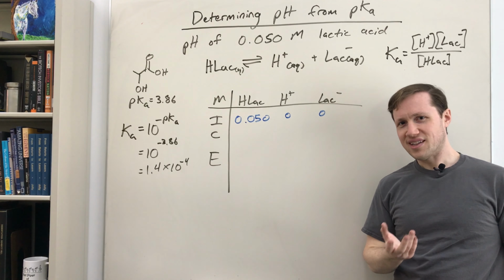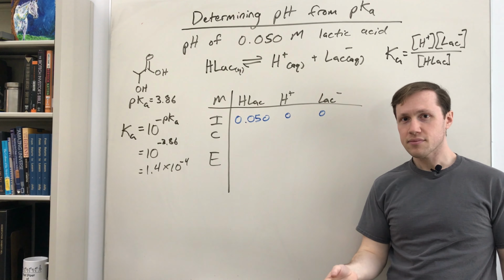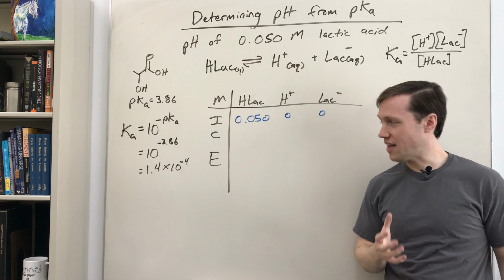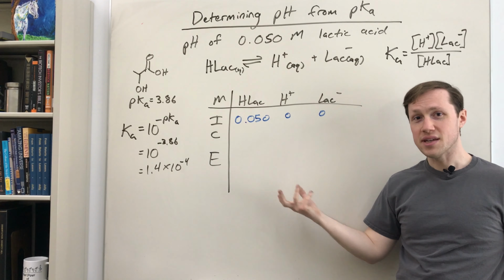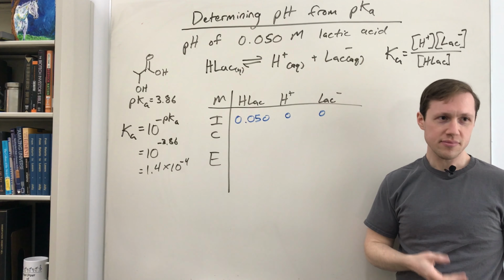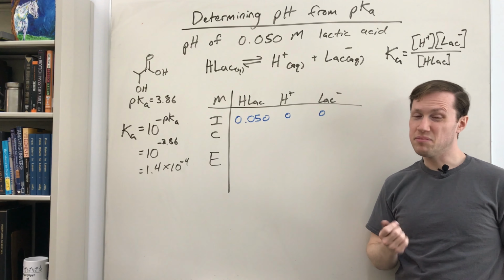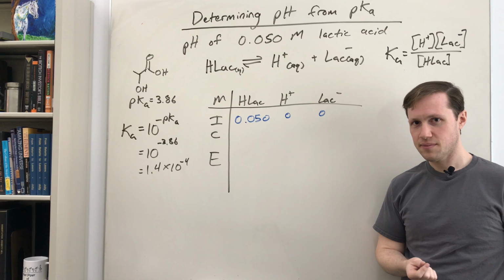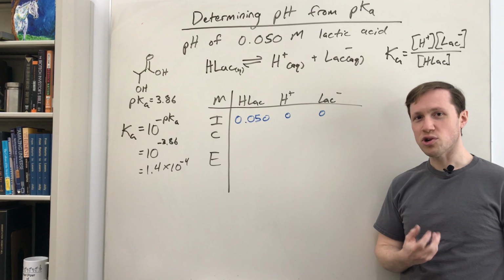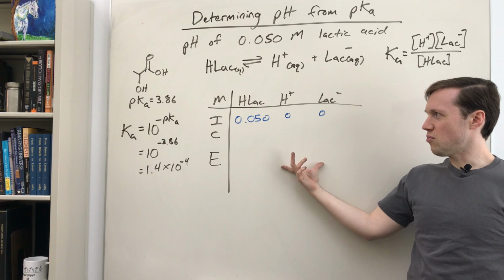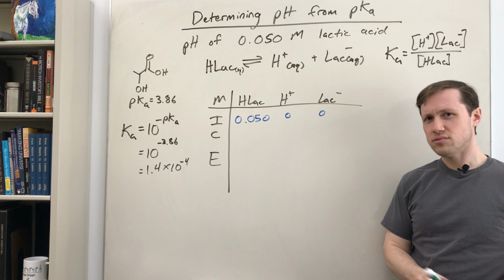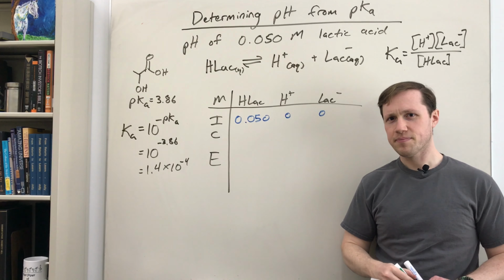Now here's where things get interesting. In our last case with acetic acid, we knew how much H plus must be forming because that was the amount that we had measured from measuring the pH. In this case, we weren't told the pH. That's what we have to find. So we don't know what this value is.